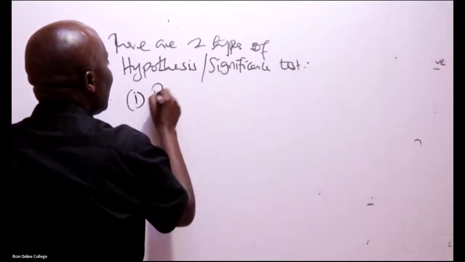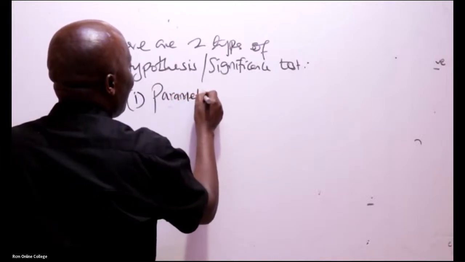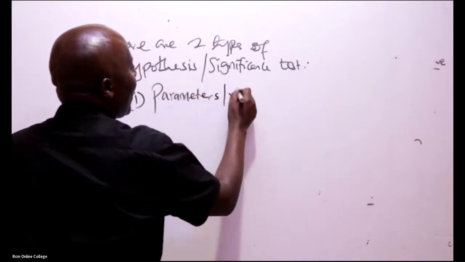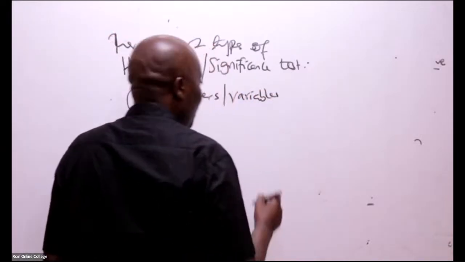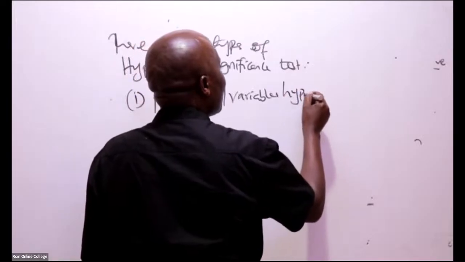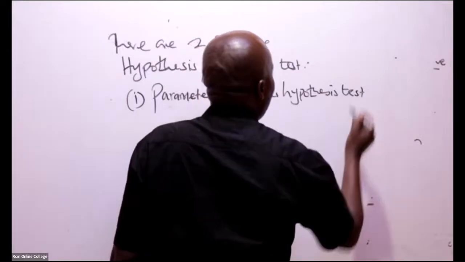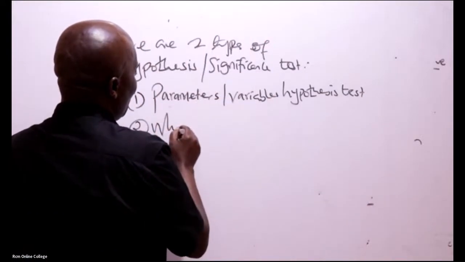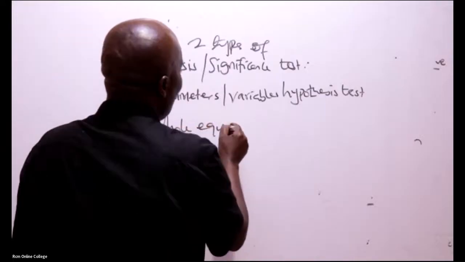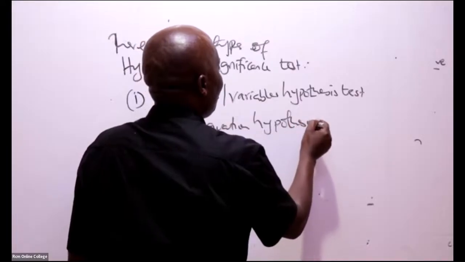So we have in this case here the parameters or variables hypothesis tests, and then number 2, we have the whole equation hypothesis test. 2 of them.